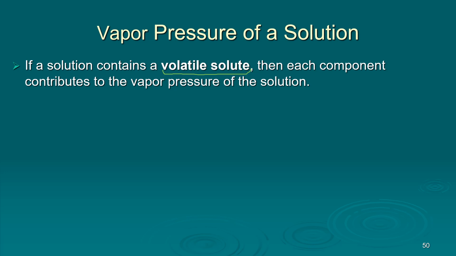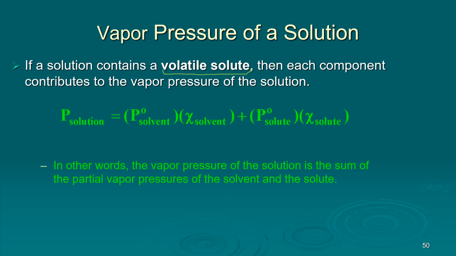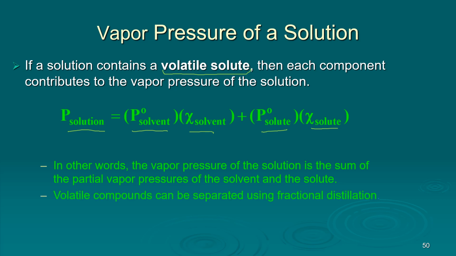They each will contribute to the vapor pressure, and so actually Raoult's law becomes where the P of the solution is equal to the P of the solvent times the mole fraction of the solvent plus the P of the solute times the mole fraction of the solute. So you have to include both of those because they both vaporize. So like I said, it does get much more complicated.